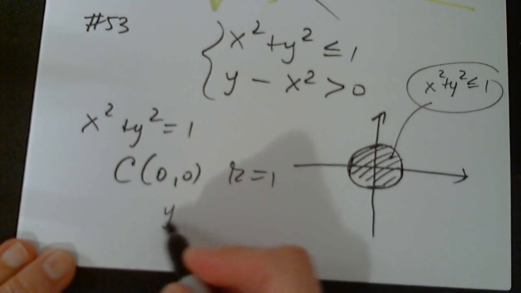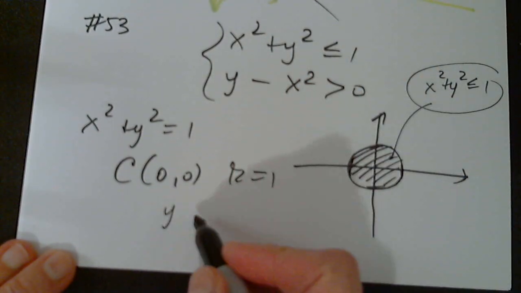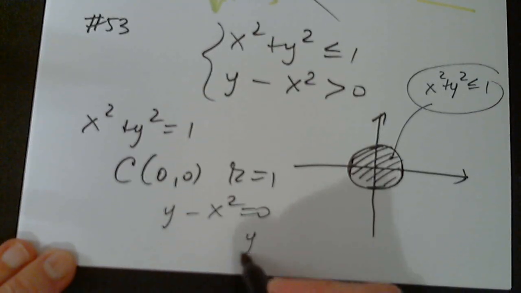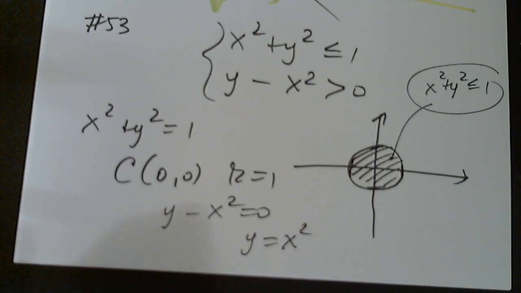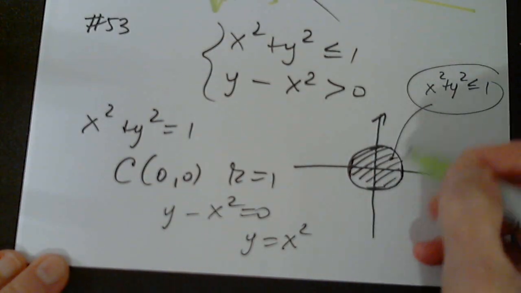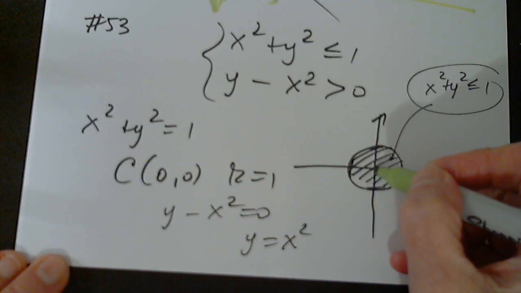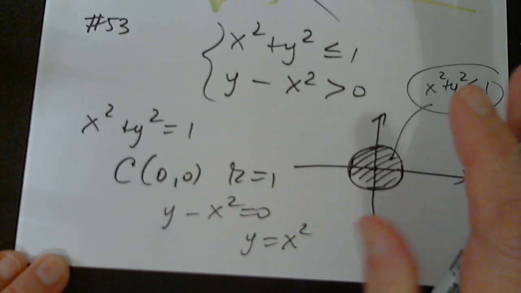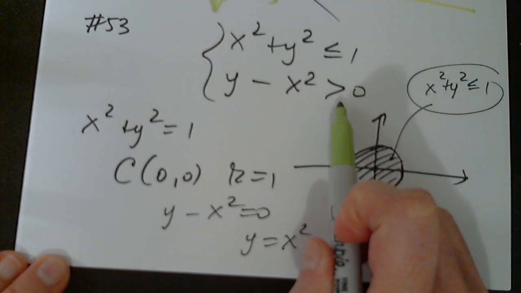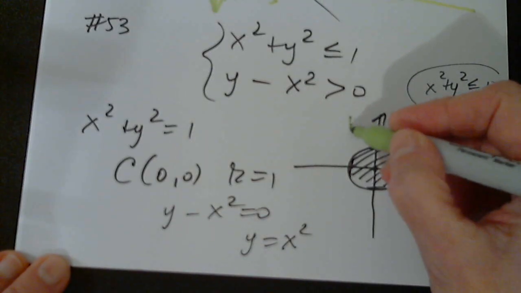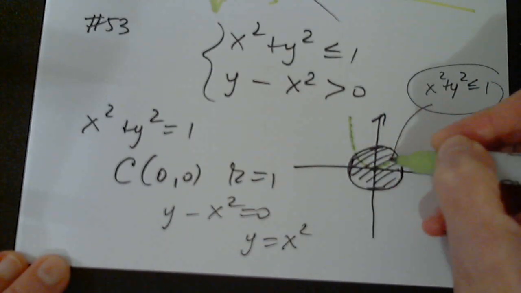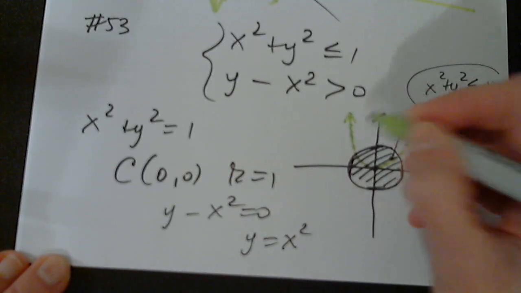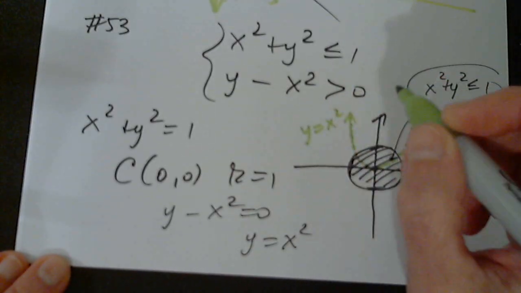The other one is y minus x squared equals 0, or y equals x squared. I've graphed this one so many times, I know what it is. It's a parabola opening up, centered at the origin. Solid? No. So this is y equals x squared.